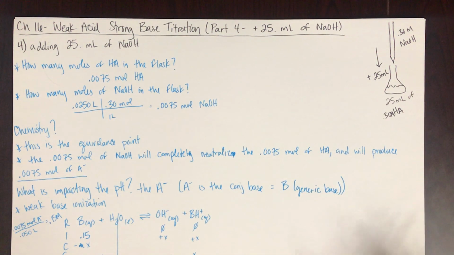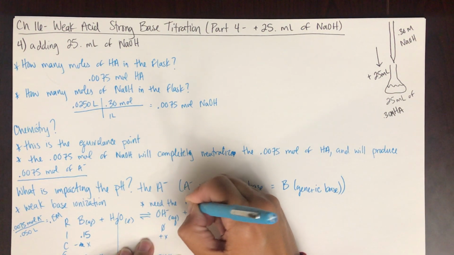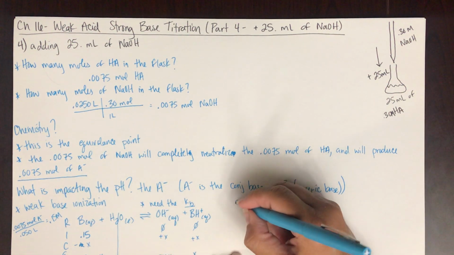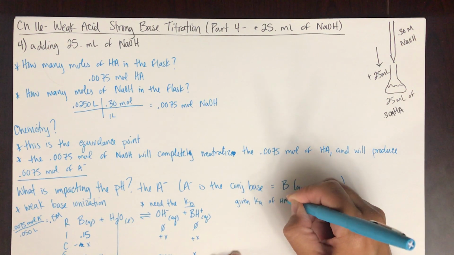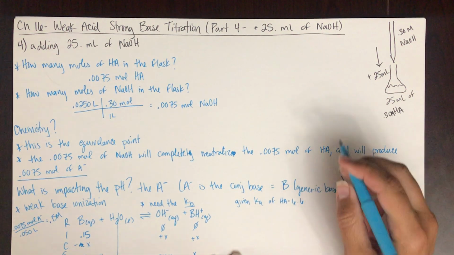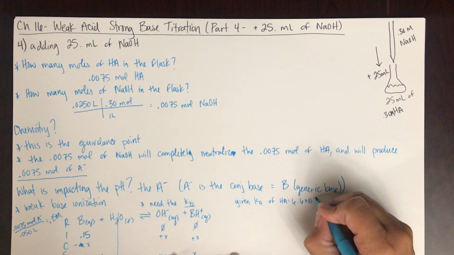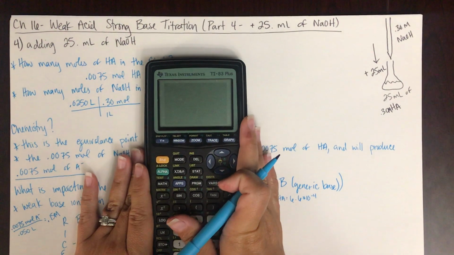Okay, so now what do we use to do a weak base ionization? We need the Kb. So remember, we were given the Ka of the HA, the weak acid, to be 6.6 times 10 to the negative fourth. Remember that Ka times Kb equals Kw, which is 1 times 10 to the negative 14th.